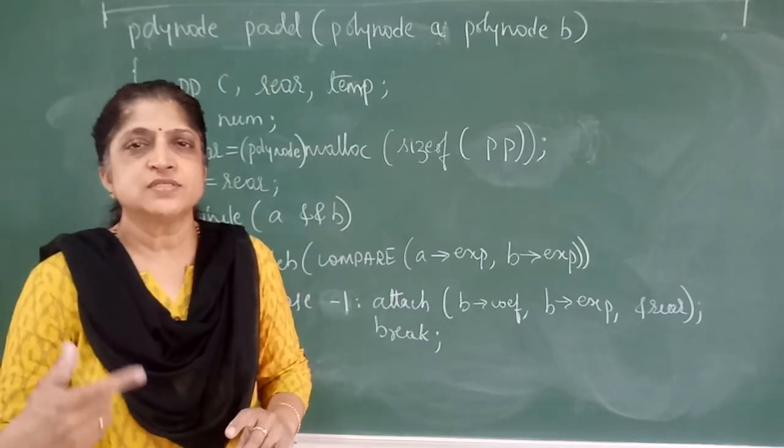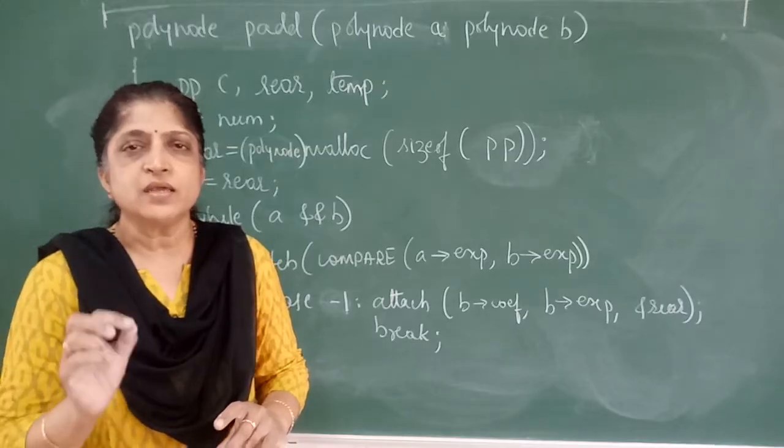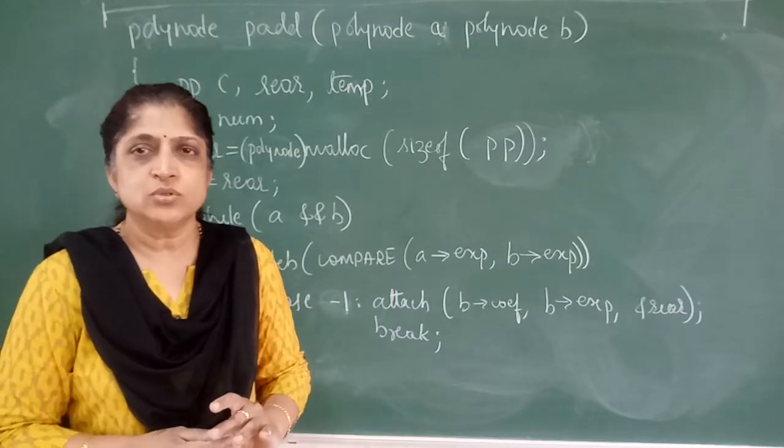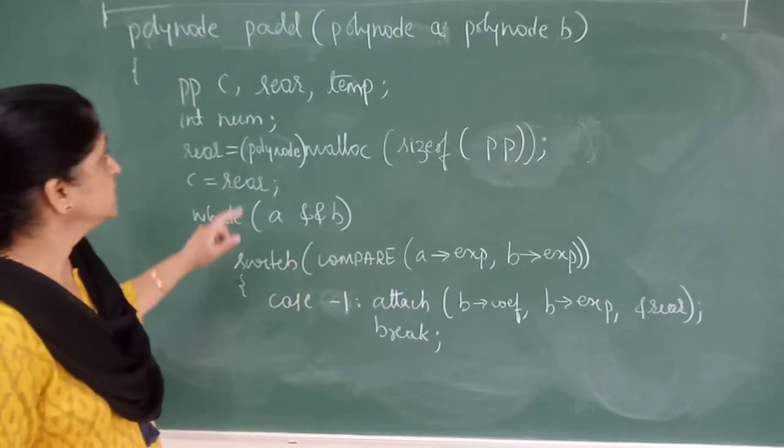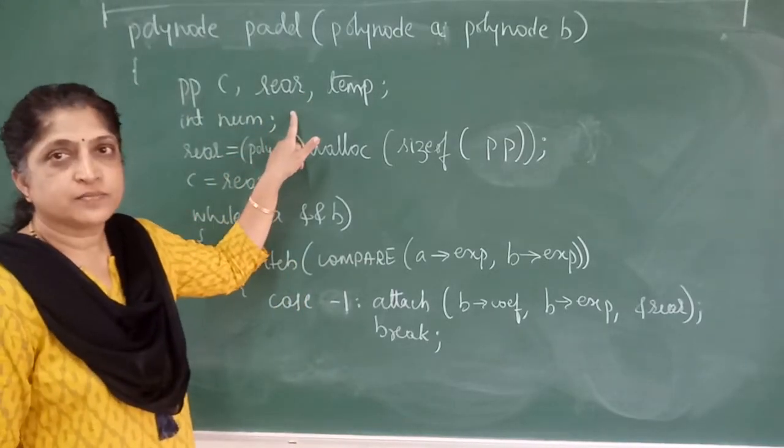So instead of traversing every time, we are maintaining a pointer to the last node also, so that the search time is saved. For that, we are using a pointer rear.